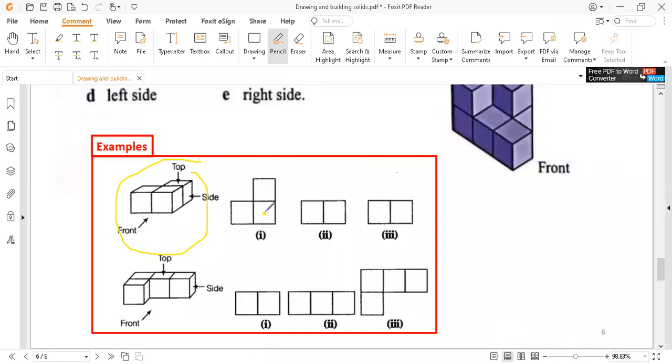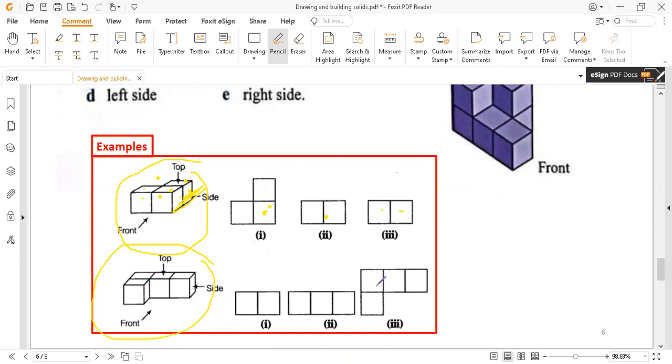From the top, I can see only this and this and this, and we can't see the thickness of the cubes or the height of each cube. From the front, I can see only this and this, and how deep our shape is. From the side, I can see this and this, without any idea about this empty space.